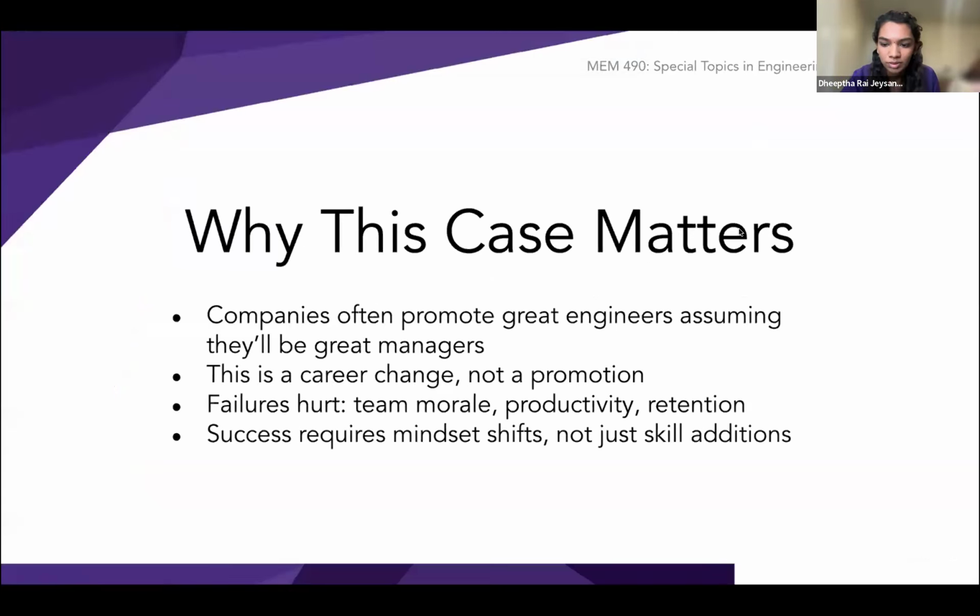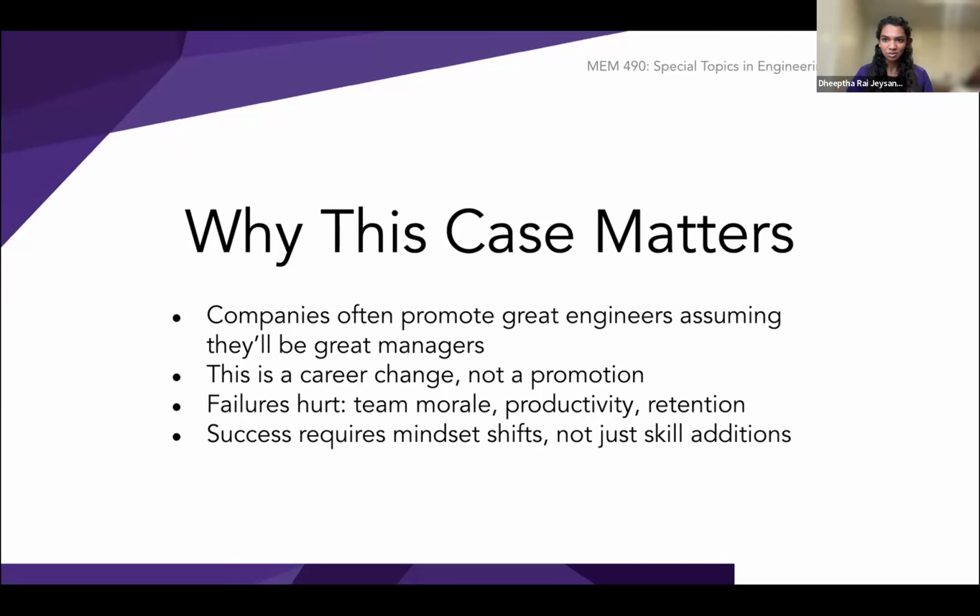So why we did this case is because usually when someone gets promoted from being an engineer to a manager, it's seen as a level up. But in essence, it's not just you stepping up to the next level of the same job. Becoming a manager from being an engineer is very different.